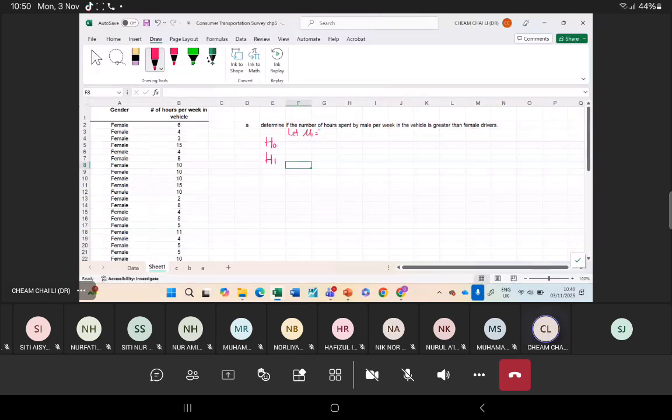So mu1 means male. Mu2 equals the number of hours spent in the vehicle per week by female.